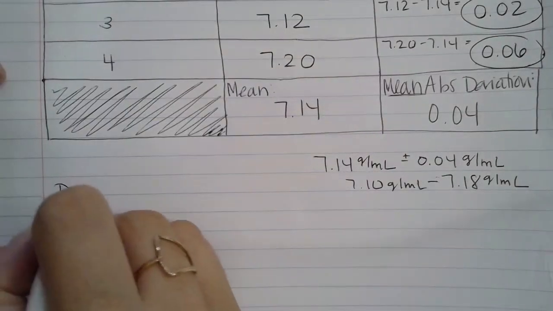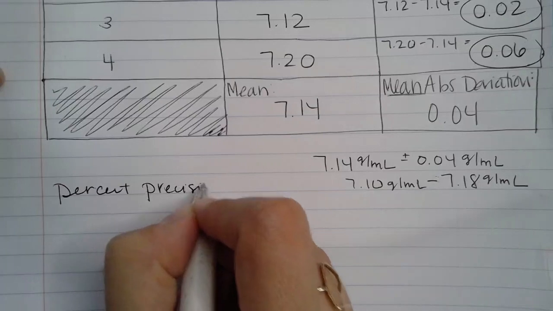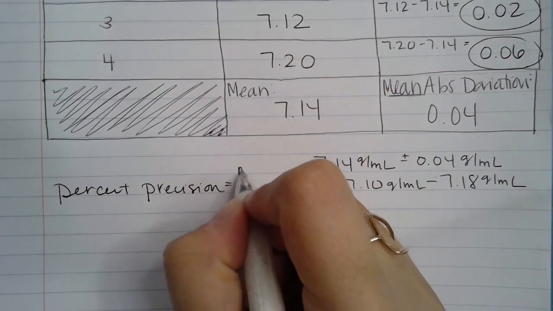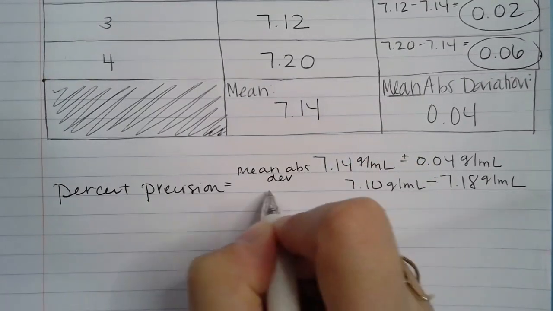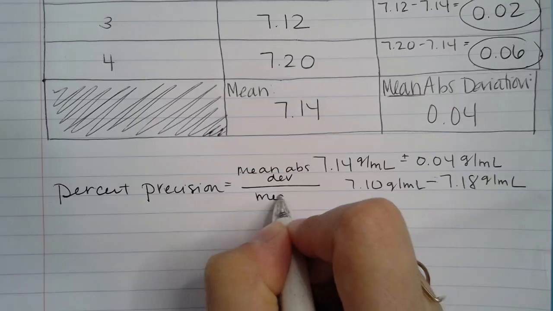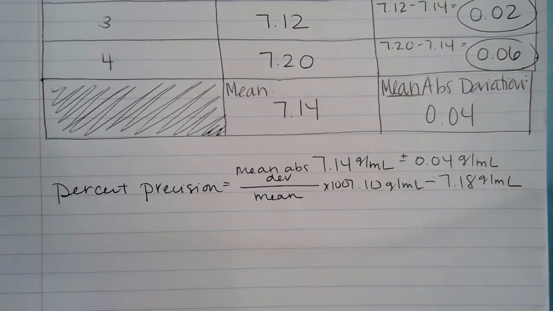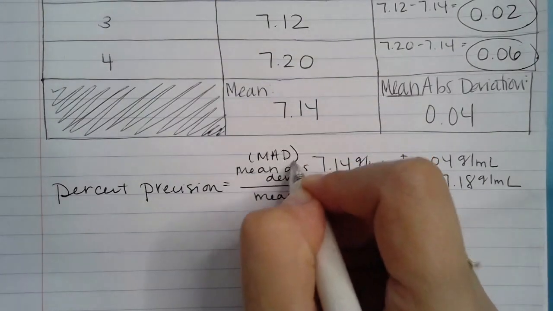So in order to find the percent precision, or how close these four values are to one another, we're going to take the mean absolute deviation divided by the mean, times 100. A lot of times students like to call this the MAD divided by the mean.